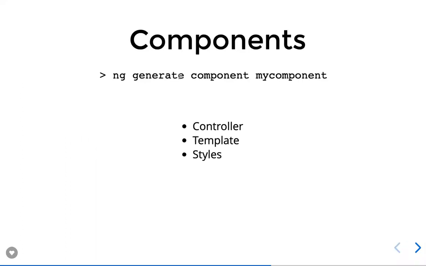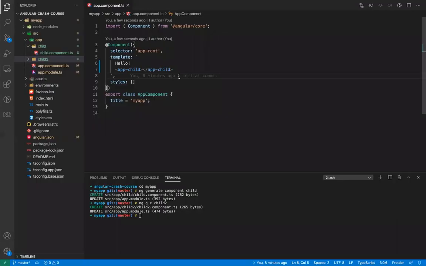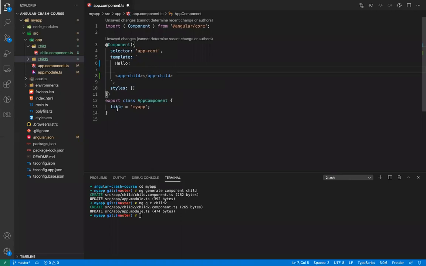Now we are going deeper with templates. What could we do with templates here? The main thing I think about templates is called interpolation, or the way we can output variables in our template. For example, we have the variable title here. With the help of these special brackets, we can output our variable title.